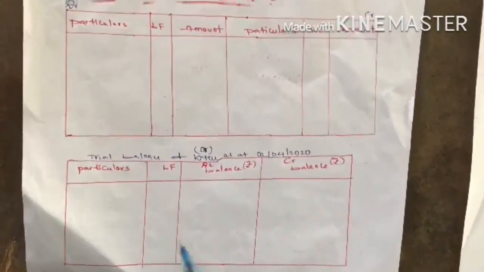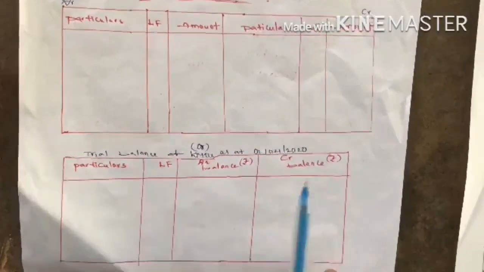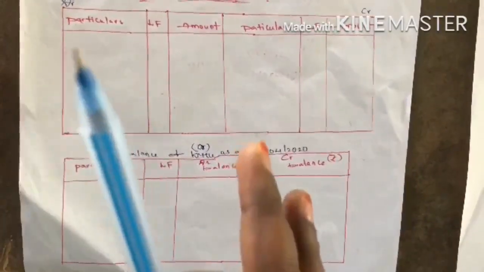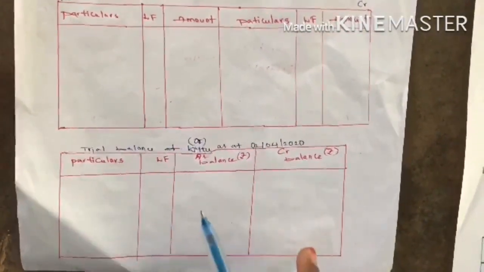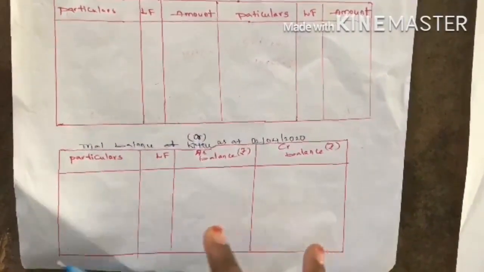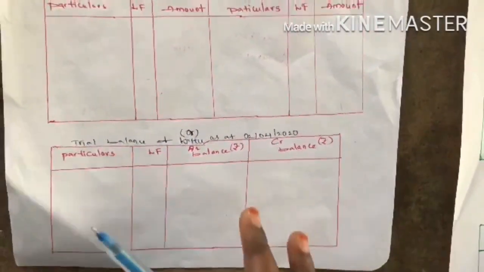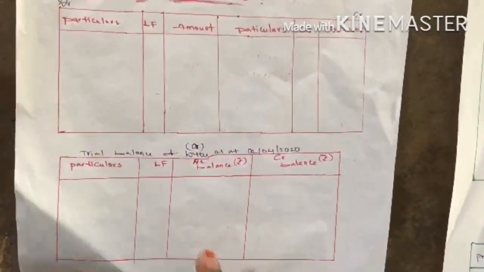But in this trial balance, in a given problem, the debit and credits are the same or equal. So these two are equal. In the given problem only, we can compare and tally these two things. So this is the difference between other accounts and this account. So this is the format.